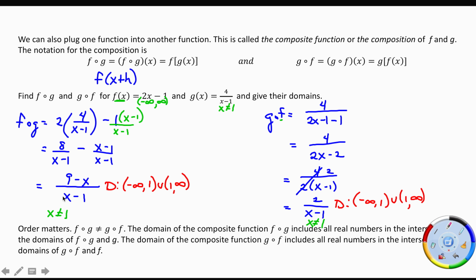The functions are not the same thing, and the domains are more than likely not the same thing. To find the domain for composite functions, you find the domain of your composite function and then intersect it with the domain of the second function, the one that was plugged in to the first function. Okay, I believe that covers it.